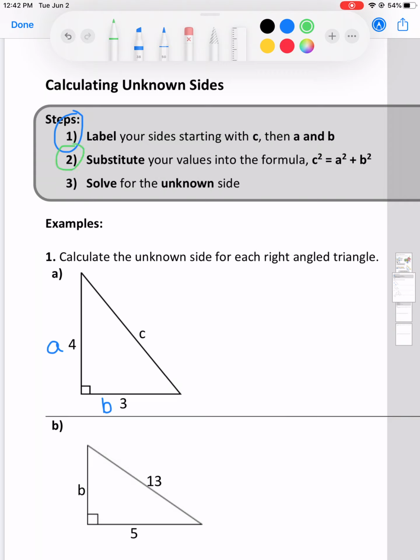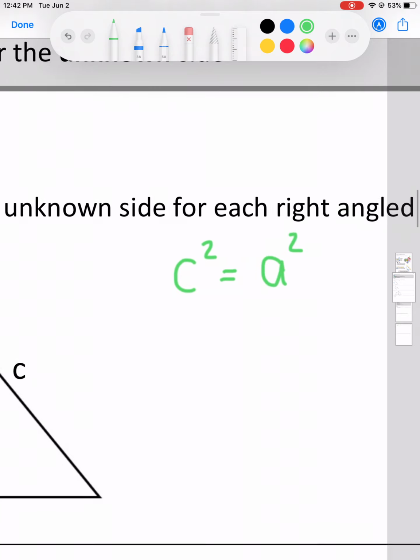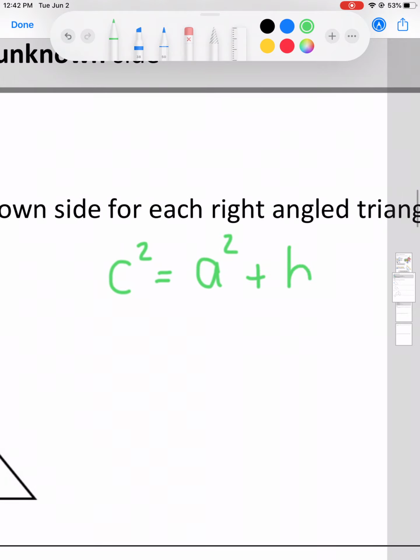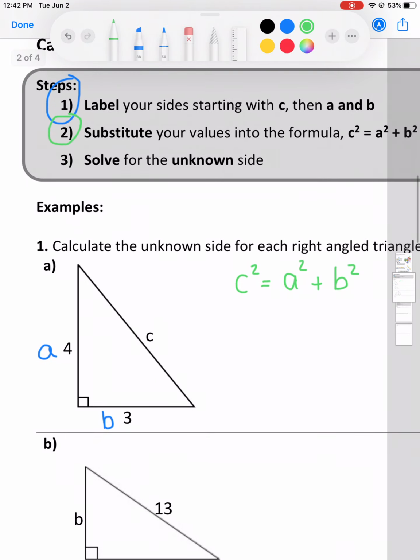Substitute your values into the formula C squared is equal to A squared plus B squared. Okay. So I'm going to write out my formula, and I'm going to put those numbers in. So A is equal to 4, so that number is going to go in there.